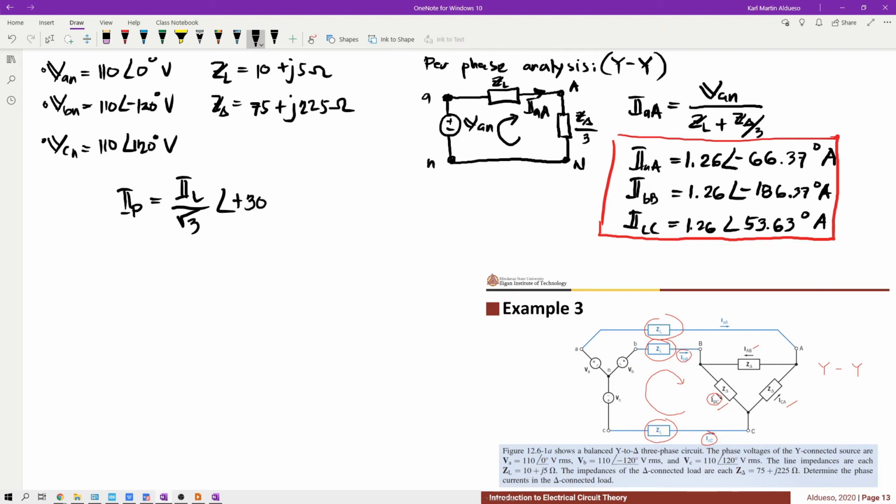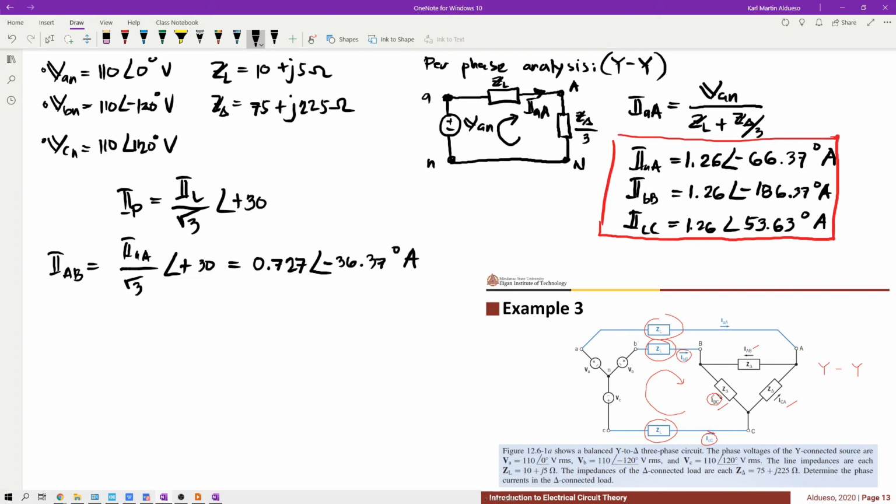We have IAB equivalent to IaA over square root of 3, and you add 30 to the angle. So this is equivalent to 0.727 angle of negative 36.37 degrees.